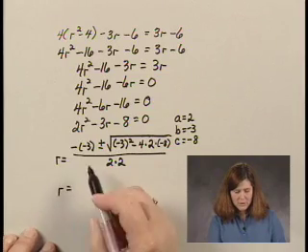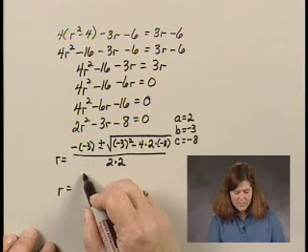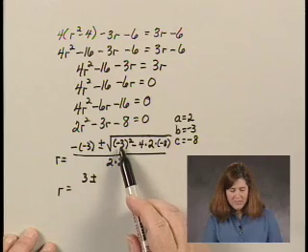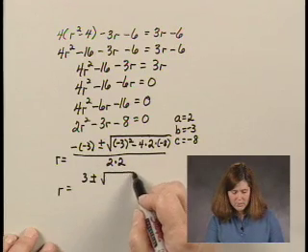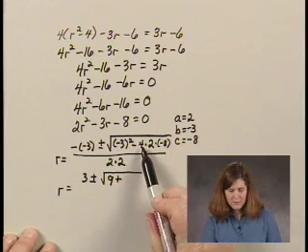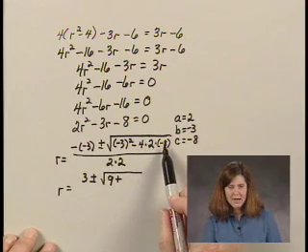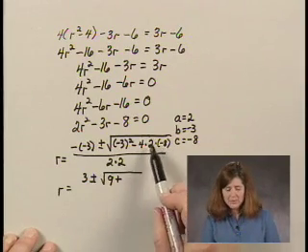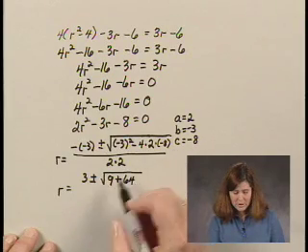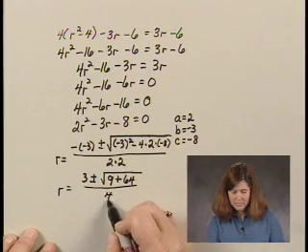Simplifying, I get R equals the opposite of negative 3 is 3, 3 plus or minus the square root of 9 plus 4 times 2 times negative 8, which is negative 64, minus negative 64 is plus 64, all over 4.